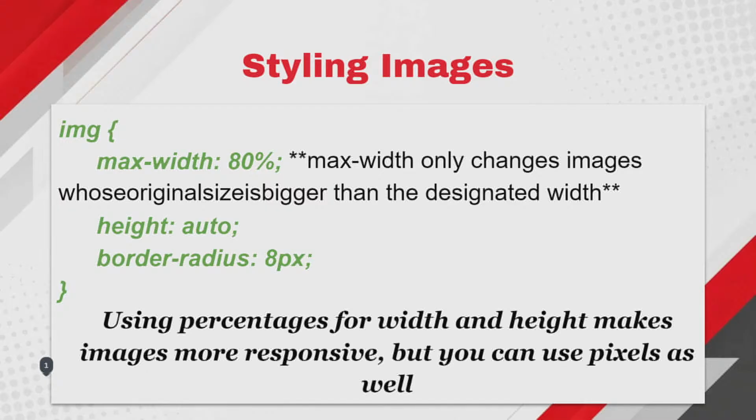If we want an image that is able to show up both on a computer and on a phone, and we have the width set in pixels, say 1,000 pixels, then the width of that image would automatically be 1,000 pixels no matter what device it's on. And say you have a phone that is only 500 pixels wide, then when you're viewing this website on your phone, you're only going to get half of that picture.